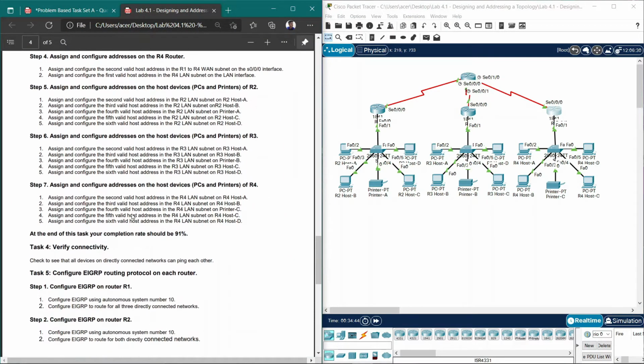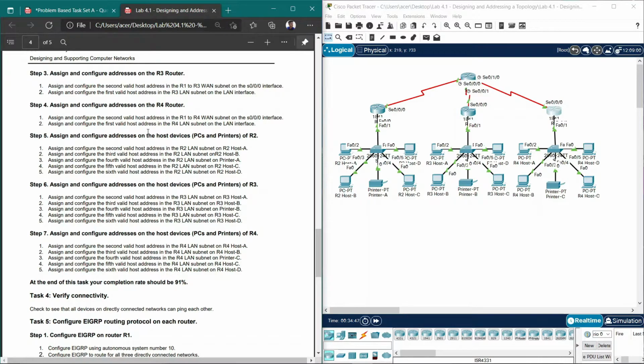And the next part will be to assign and configure addresses on the host devices.